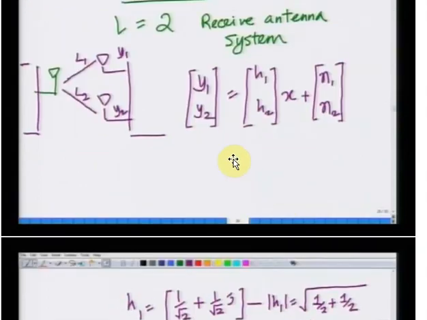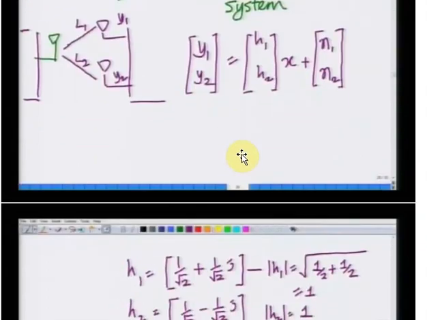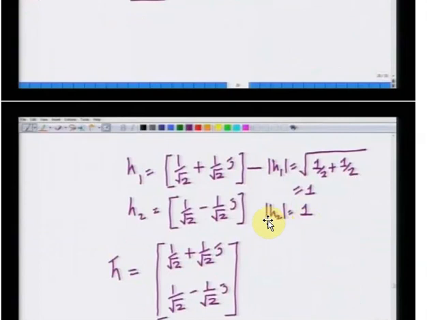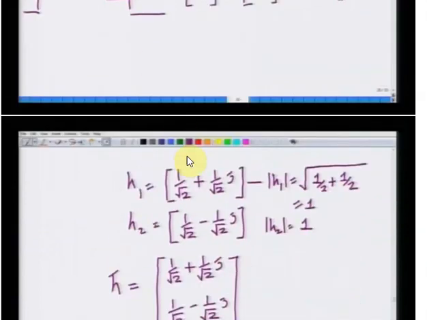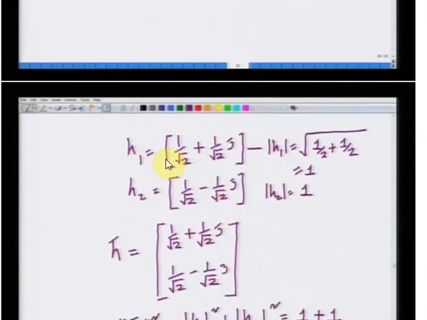So if we put in the values of the beamforming vectors, for example, we have H1, a complex number given by 1 over square root of 2 plus 1 over square root of 2 j. So the modulus of H1 would be given by square root of 1 over 2 plus 1 over 2, or the absolute value of H1 would be 1.